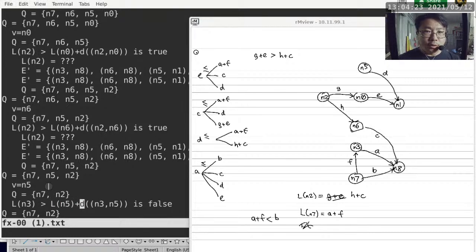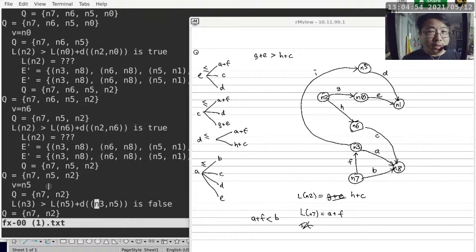And we discover a new edge from N3 to N5. So now we draw an edge from N3 to N5. Here's N3, and there's N5 right there. This is I, okay? So we are not updating the L value of N3, which tells us the result of a comparison, right?